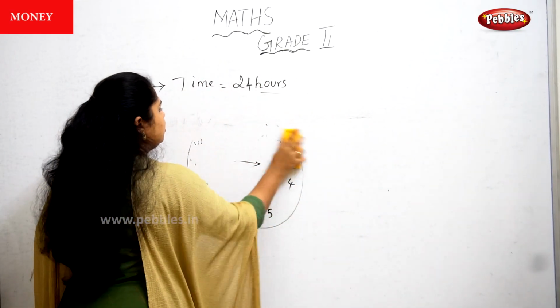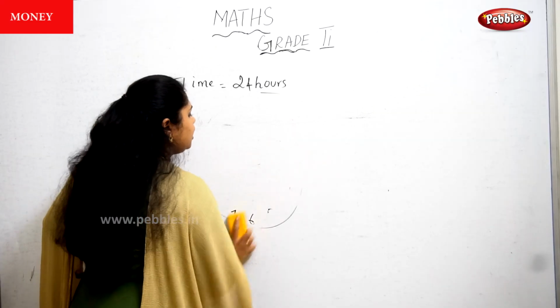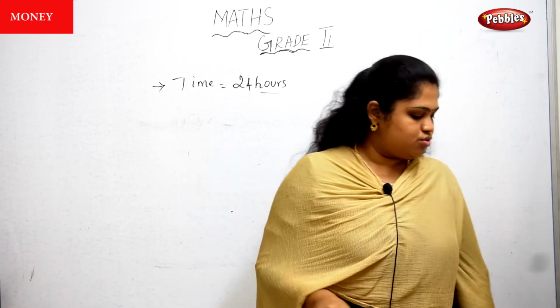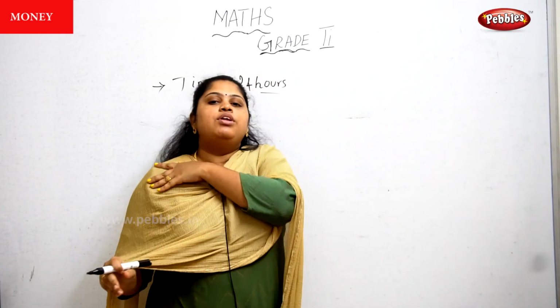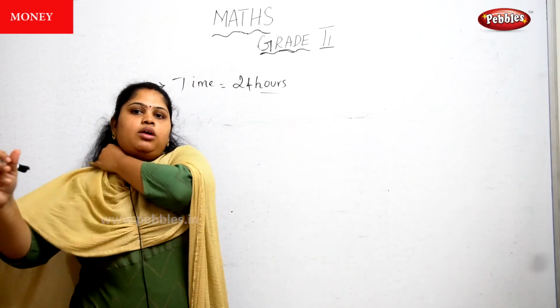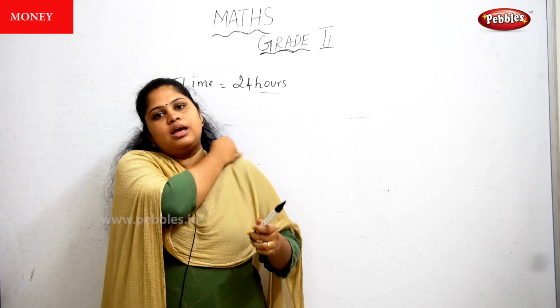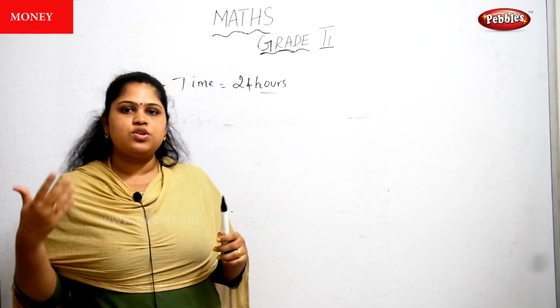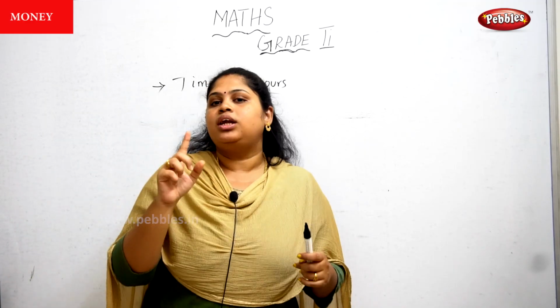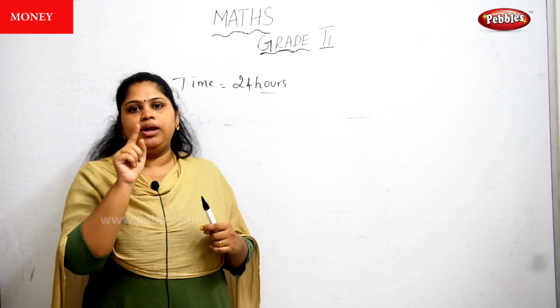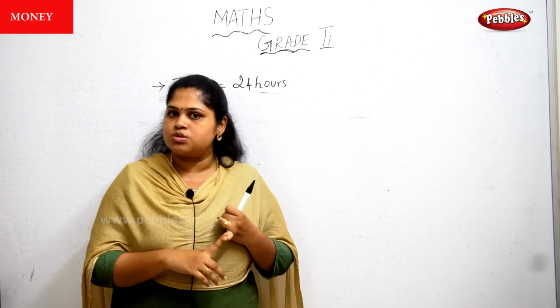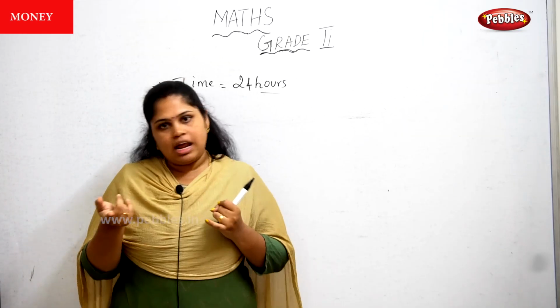When I am talking about days and months, I used to say one thing: time is like gold. Why do all people say time is gold? Because when time moves on, the days also move on, isn't it? When the time completes 24 hours, automatically a new day occurs.